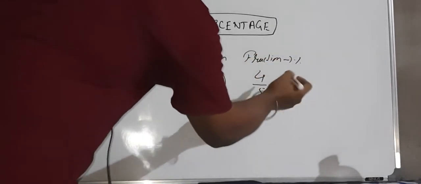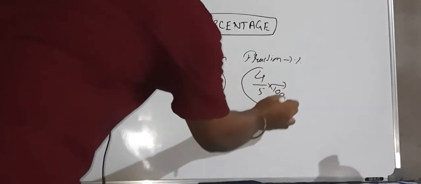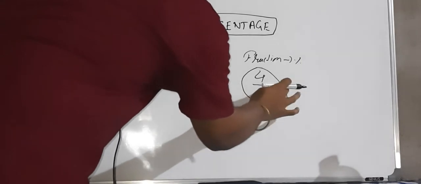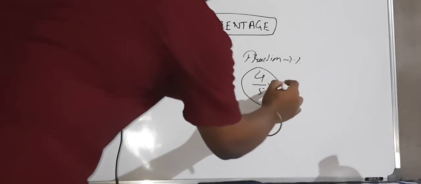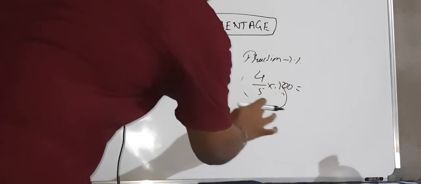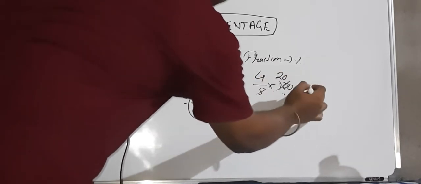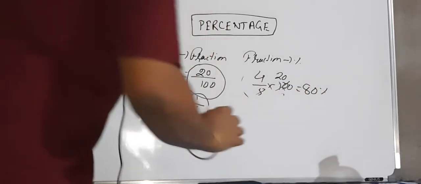Now while converting 4 by 5 into a percentage, you just have to multiply 4 by 5 by 100. 4 by 5 into 100: 5 twenties is 100, so 4 into 20 is 80. 80% is your answer.